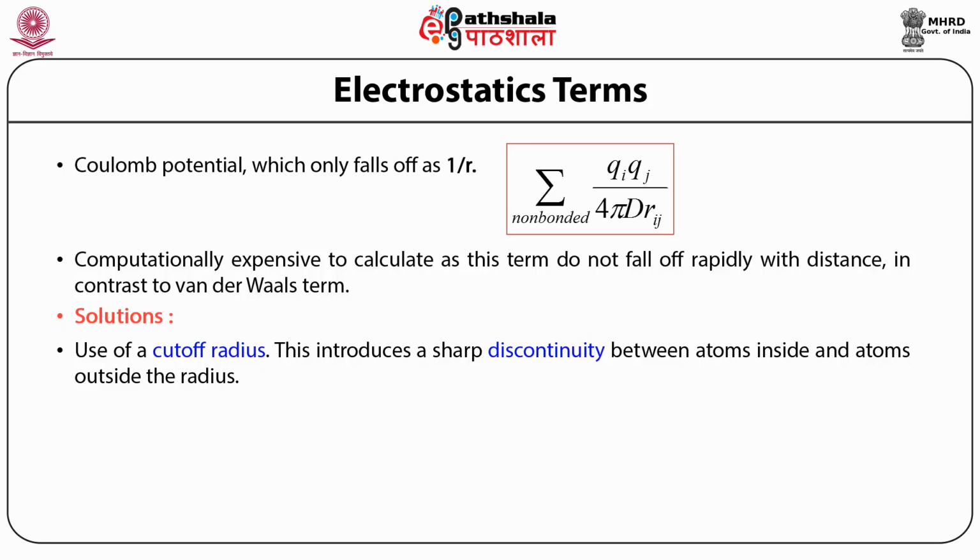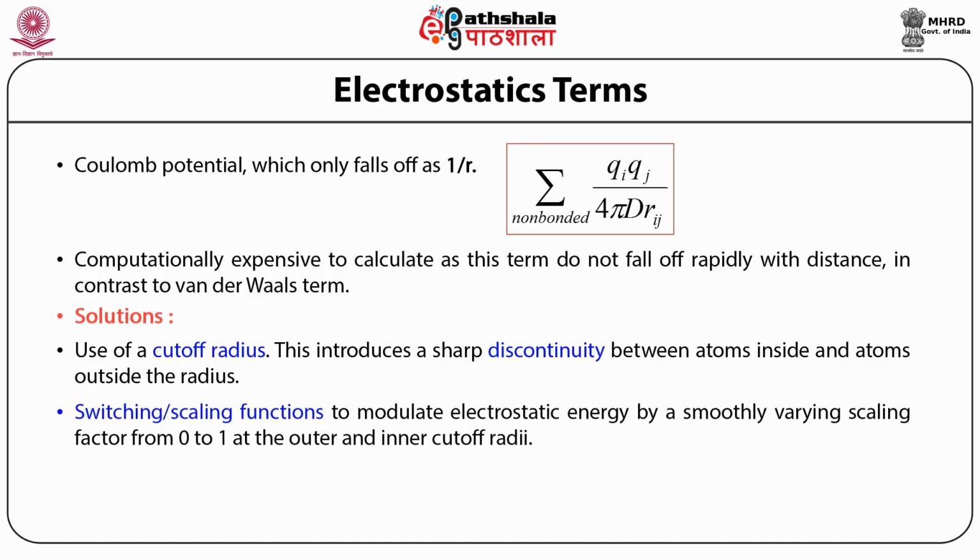Hence, many systems have been utilized to remove this anomaly, and one of them is switching or scaling functions, which smoothen out at the boundary of the cutoff radius. Another, which is more rigorously used, is the particle mesh Ewald method, a very profound method in calculating the interaction of two atoms which are far apart because of their distance. We will not discuss the particle mesh methods much here.